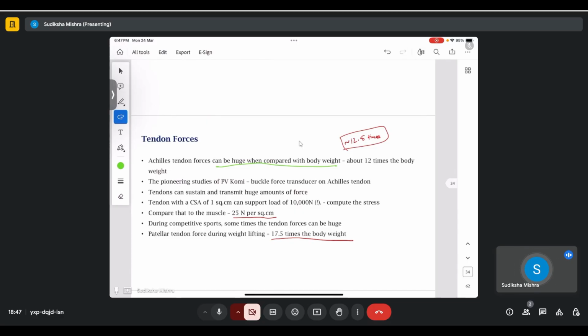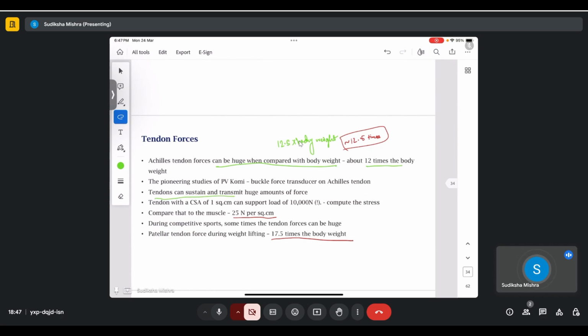So Achilles tendon forces are huge when compared to the body weight, around 12.5 times the body weight. One of the pioneering studies looking at Achilles tendon forces was done by P.V. Komi, where they introduced a buckle force transducer in their own Achilles tendon and measured the forces, and found that the forces produced are around 12 times the body weight.